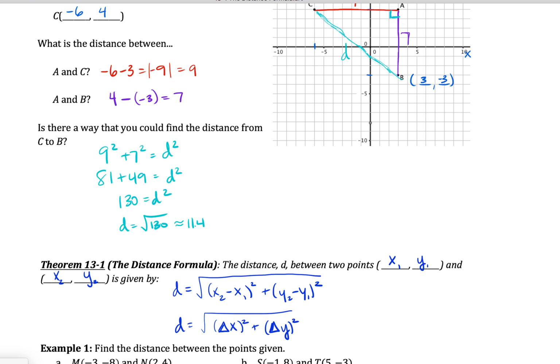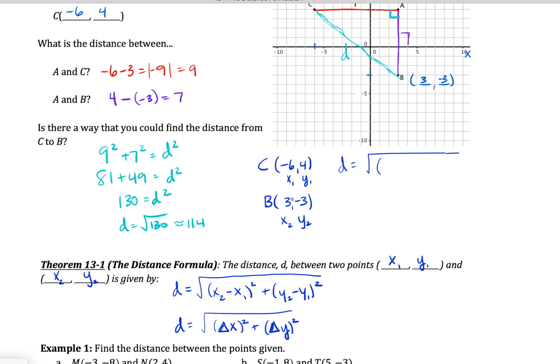Since I was finding the distance between B and C, let's call C's coordinate -6, 4. Let's pretend that that's x1 and y1. B, which was 3, -3, we'll say that's x2 and y2, right? So you can see I've connected these numbers to the x1, y1, x2, y2 that we use in here. Now the distance formula would tell us to take the change in the x's.